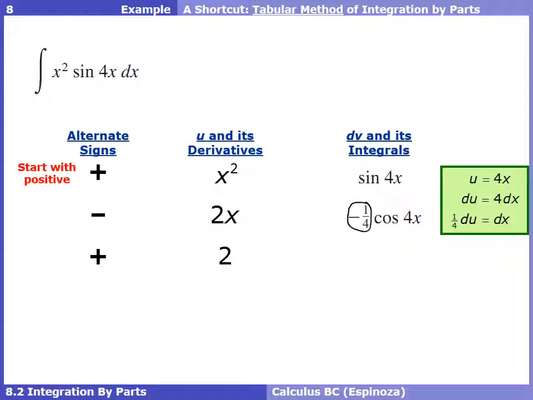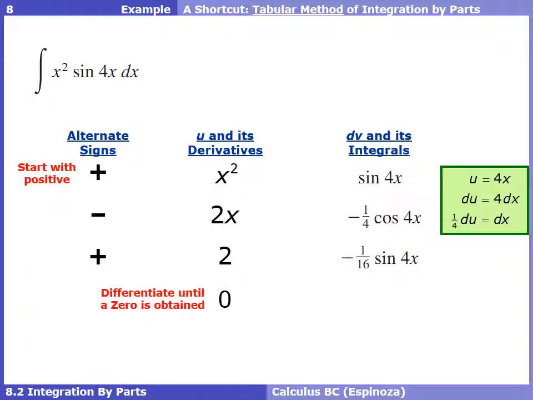The integral of cosine 4x would be another use of our u substitution, which would be 4x, which would then produce another 1/4 in the front of our integral. So since the integral of cosine 4x would be sine 4x, we would also have to multiply by another 1/4, which gives us negative 1/16.